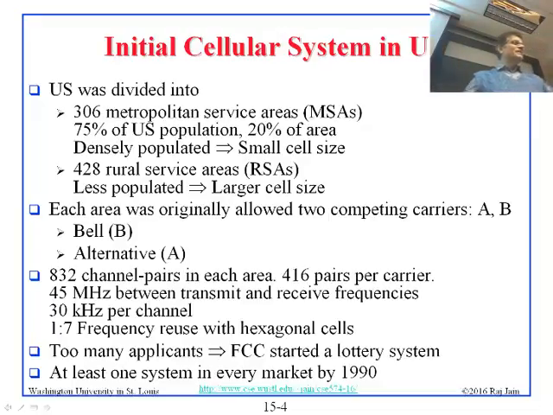So they basically planned it accordingly using hexagonal cells. By the way, all this is history because we don't use hexagonal cells anymore. Okay? And we don't use frequency division anymore. Right? This is the first version of the cell phone.